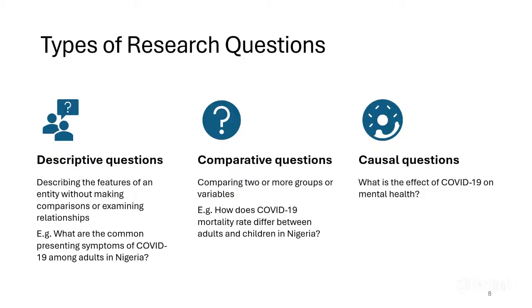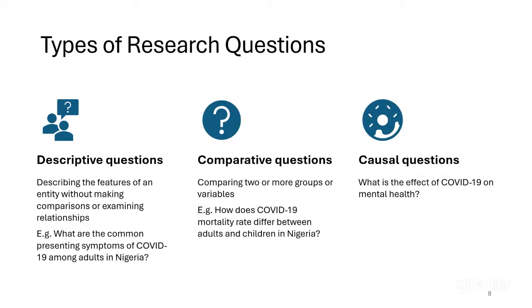I'm not doing any form of comparison. I'm not asking, does COVID-19 cause hearing loss? I'm not trying to do any cause and effect kind of relationship. So it's just simply a description of what is important to me. What are the common presenting symptoms of COVID-19 among adults in Nigeria?